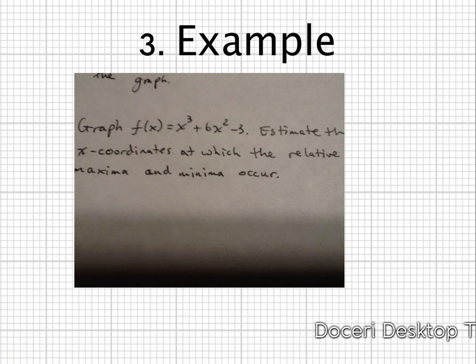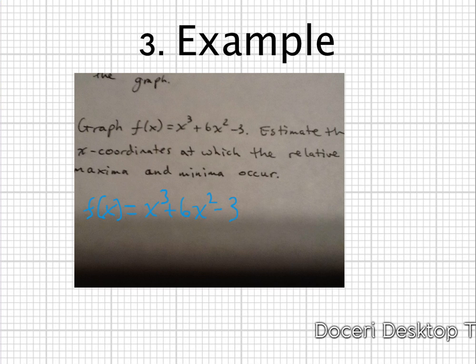Okay, the question says graph f of x equal to x cubed plus 6x squared minus 3 and estimate the x coordinates at which the relative maxima and minima occur. So we have f of x equals x to the third plus 6x squared minus 3.